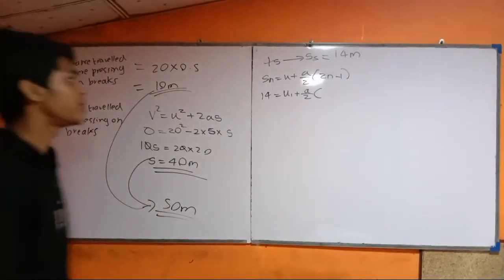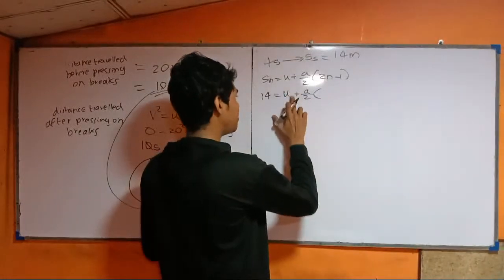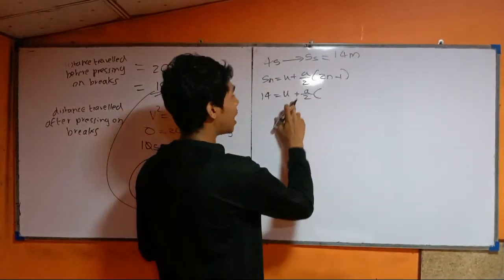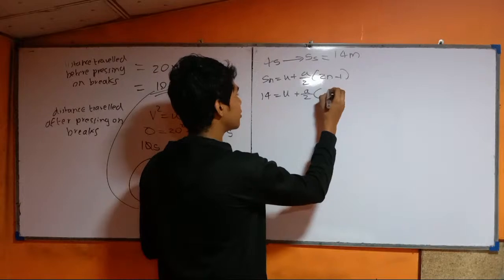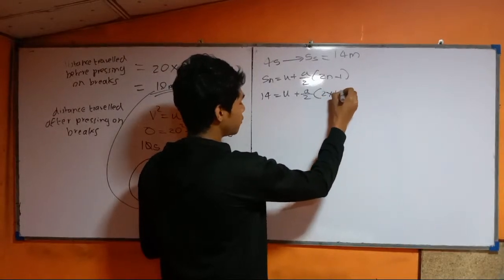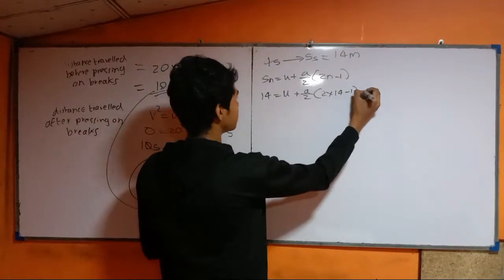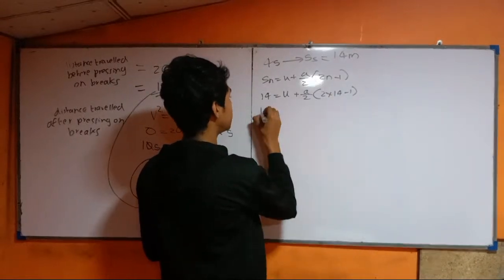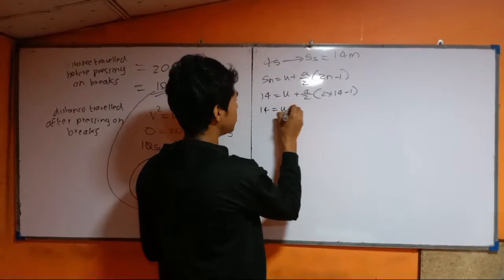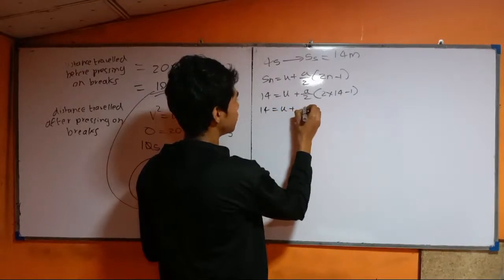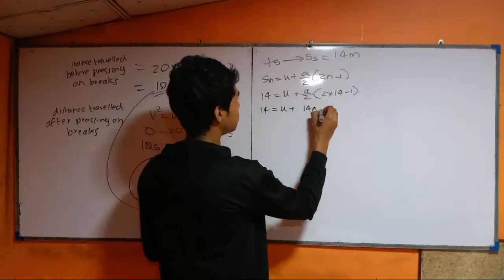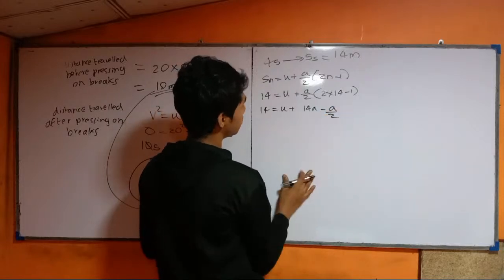We need to write two equations and solve it. So initial velocity is going to be u. When starting, we don't know that, so we are going to put it as u. 2 into 14 minus 1. So 14 is equal to u plus 14a minus a over 2.